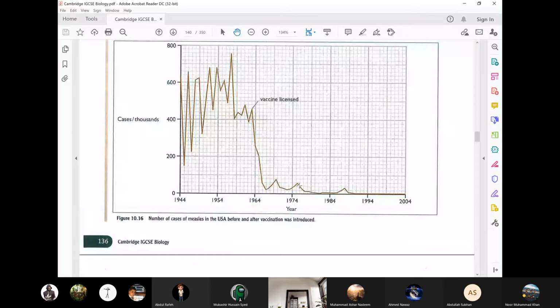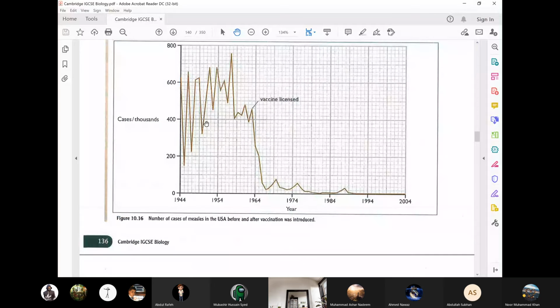There is a slight increase in 1976 as well, and then a slight increase again around 1988.